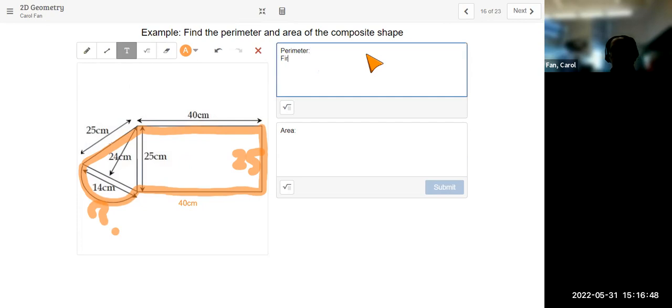Okay, so perimeter. First, we're going to find the circumference of the semicircle. So circumference of the semicircle, we know that circumference is 2 pi r or pi d. In this case, I'll use pi d because I'm given the diameter, but I'm going to divide it by 2 because it's only half of a circle.